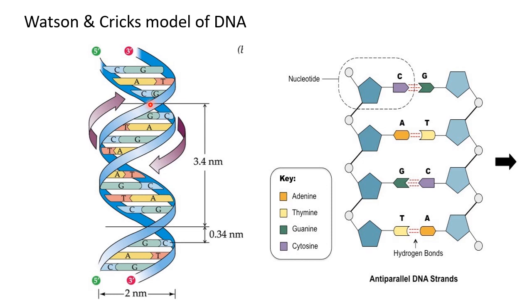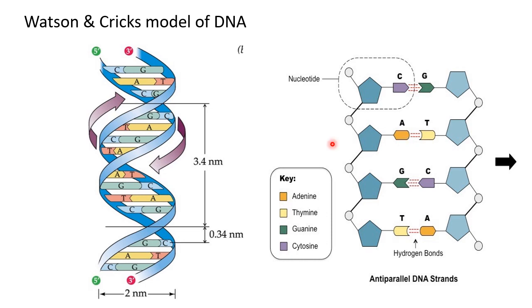Then these two strands are held together with the help of weak hydrogen bonds. Here we can see that these are the two strands and these two strands are held together with the help of weak hydrogen bonds between the nitrogen bases on the opposite strand.